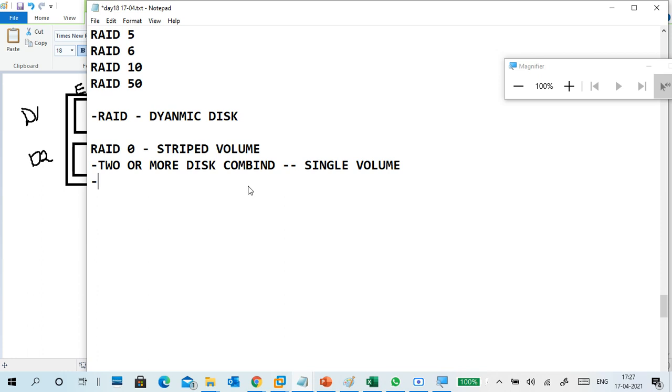The size is also combined. But the problem is if any one disk fails, we can't access the data.